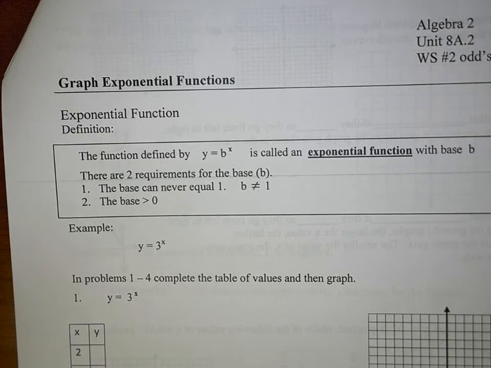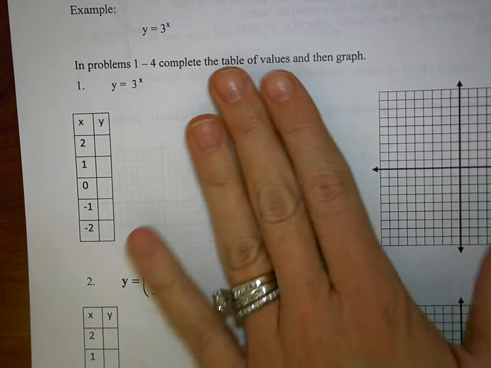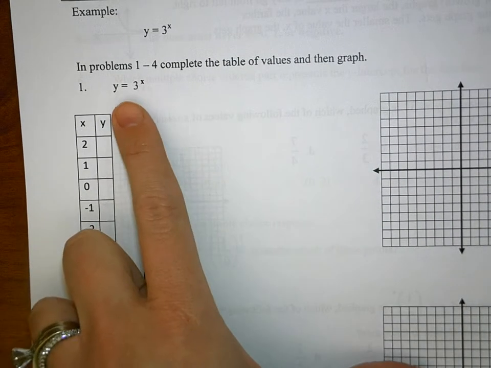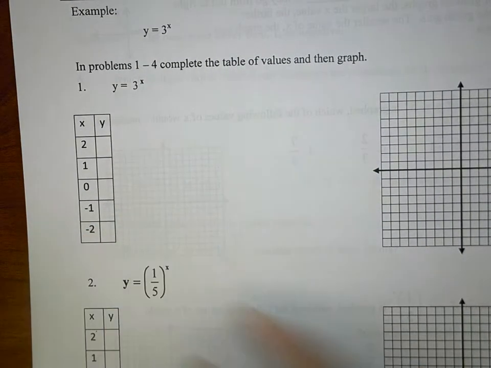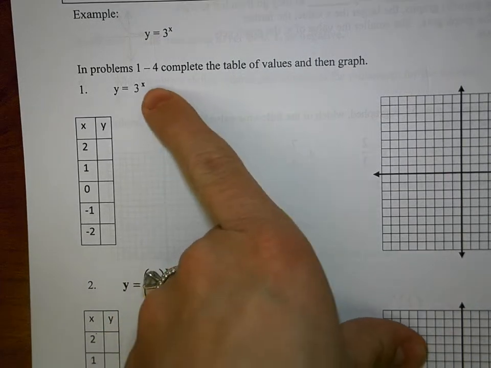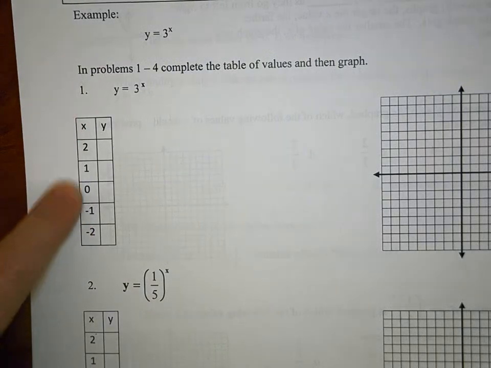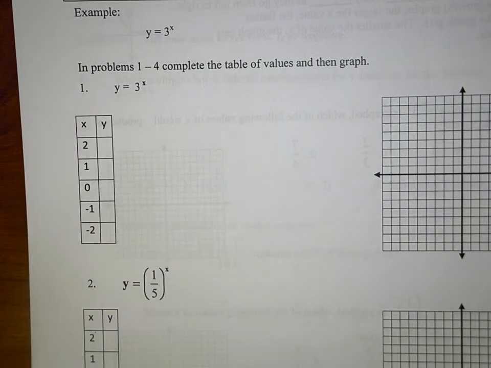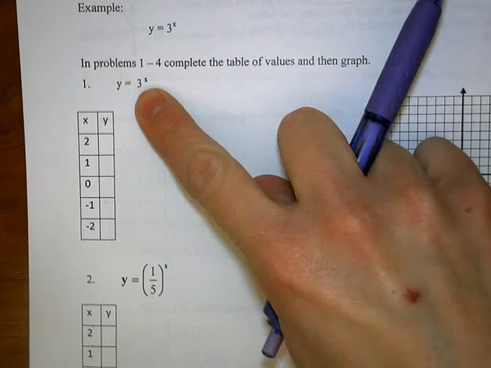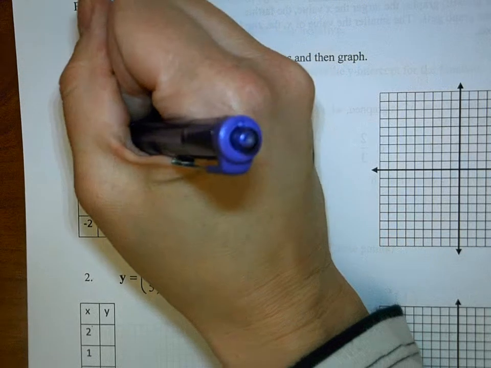Okay, so when you're dealing with these, the easiest way to graph an exponential function is by plugging in values, oftentimes. So you always want to choose values for your exponent. So if you notice here, there are values for x, because x is in the exponent. Okay, so what is 3 to the second power? 9.